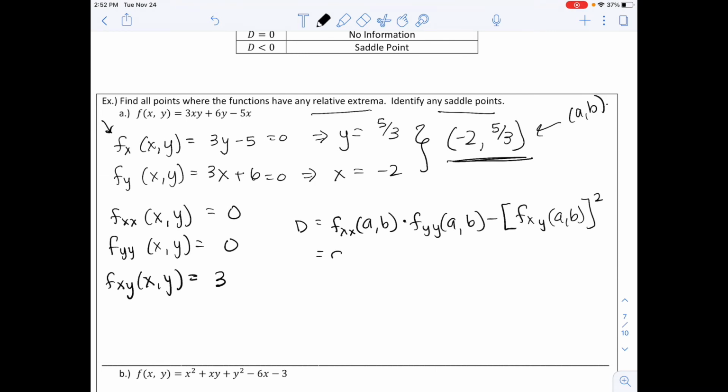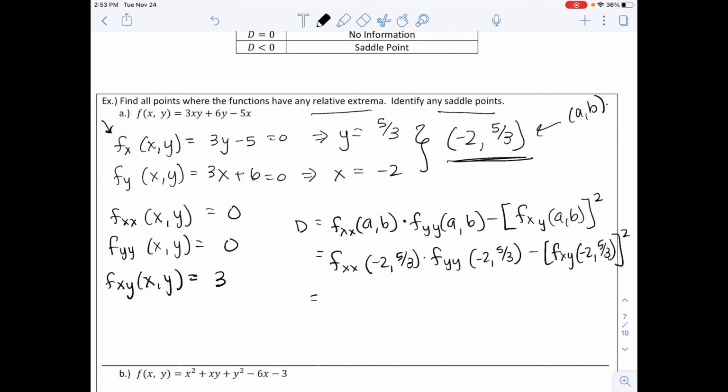So substituting in now a and b, which is -2, 5/3 for both of these, and then -2, 5/3 again, and then subtracting our partial with respect to x, then with y of -2, 5/3, and then squaring that.